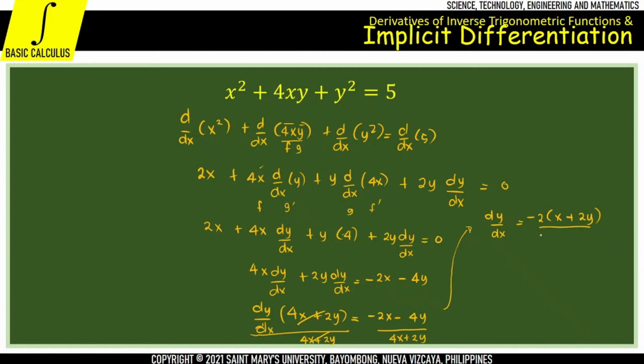All over, factor out the same 2: 4x divided by 2 is equal to 2x, plus 2y divided by 2 is equal to y. Next, cancel common factor in the numerator and denominator. Therefore, dy/dx is equal to the negative of (x plus 2y) all over (2x plus y). That is now our final answer.